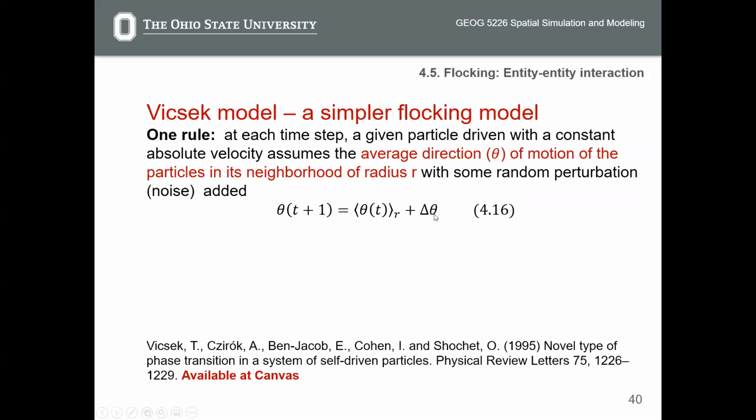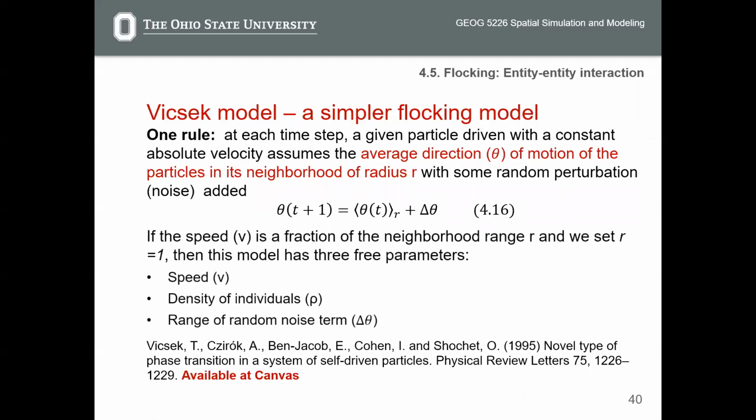If this noise is not huge, this formula makes sure that each individual is following the general direction of its neighbors, because each direction is the average direction of all neighbors, right? And we usually consider this noise very small. There is some randomness, but it will not affect the general direction of each individual, okay?